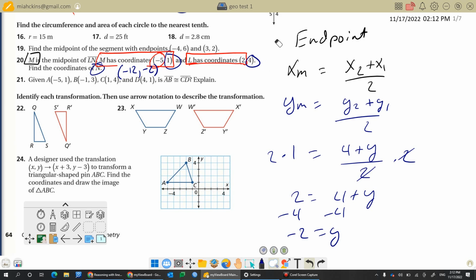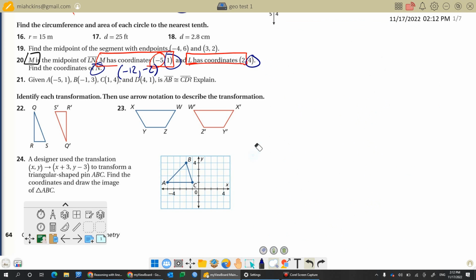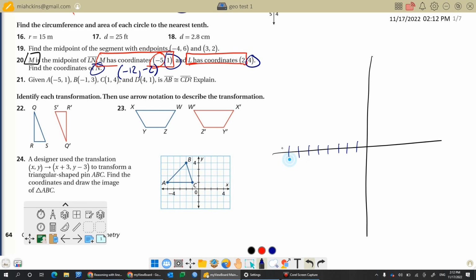And then we can double check this by doing a quick graph and see, does it make sense? So if we have our graph here, and we'll just count 1 through 12, and then 1, 2, 3, 4, 5 up and down.